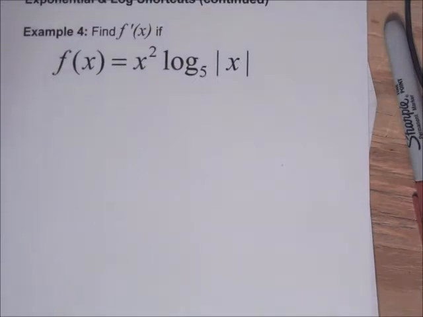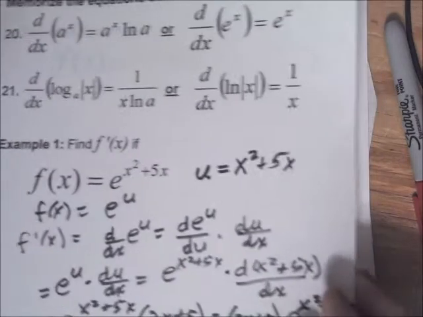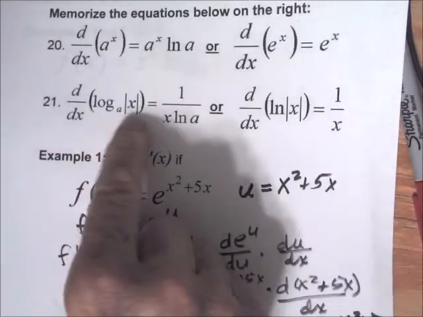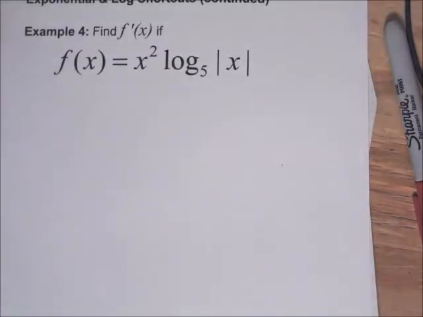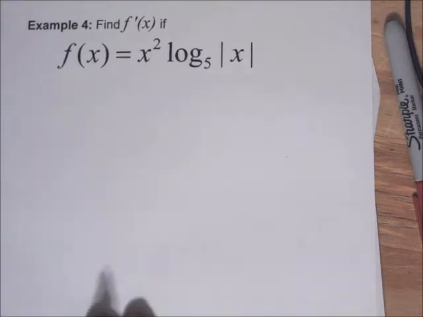This one, we're not going to be working a lot with other bases, but I think this one will be easier if we use the formula for base a. This is formula 21, but we use the formula for base a. And this is a product again.